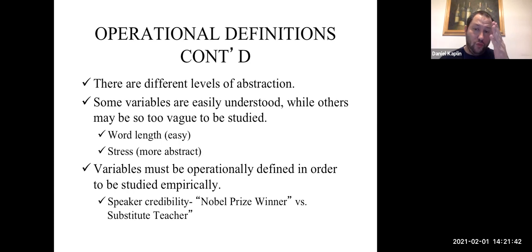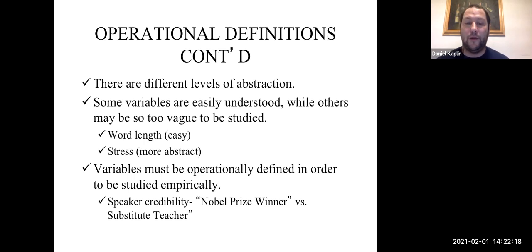Now, to actually do studies or science, it's so crucial, this concept of operational definitions. And in order to do an empirical study, we have to make the abstract more tangible. We have to clearly define how we're manipulating or measuring a variable. Now, as it relates to word length or stress, these are oftentimes dependent variables, but we can also manipulate an independent variable, right?